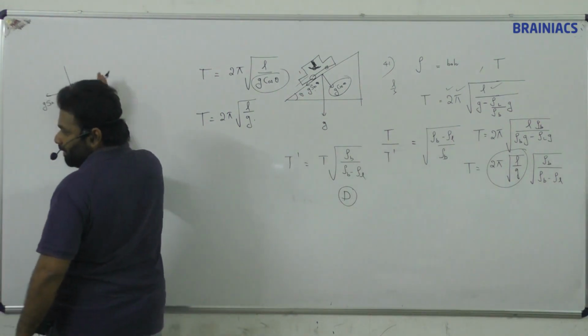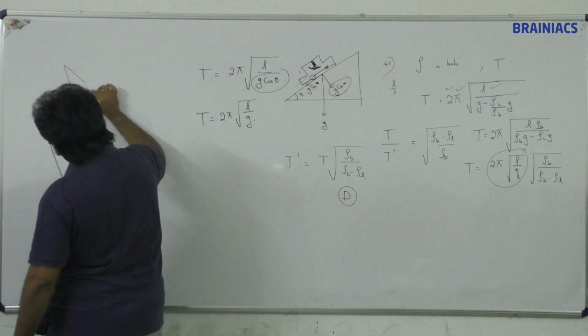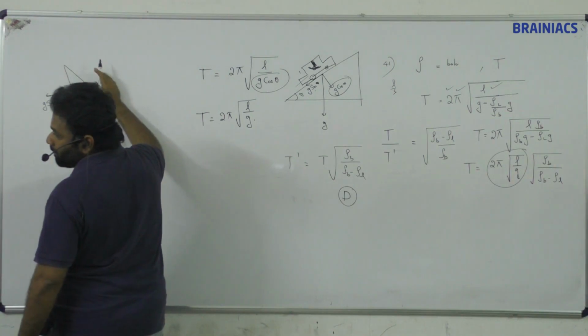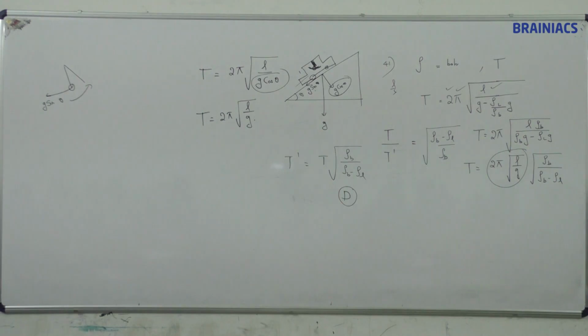Restoring force means the force responsible to come back. For the answer 2 pi root of L by g cos theta to come, we should put the entire thing. If we think like this we will not get the answer. If we derive it completely, putting in the full force, then we will get it.